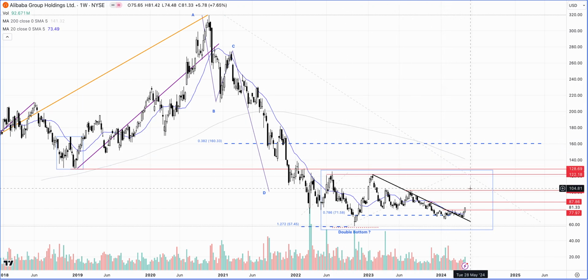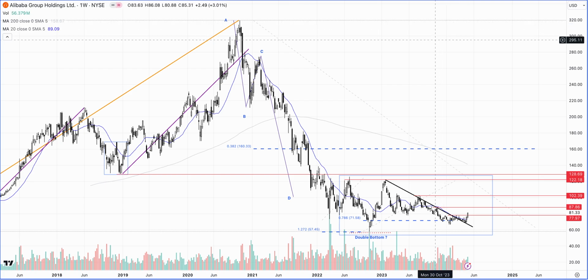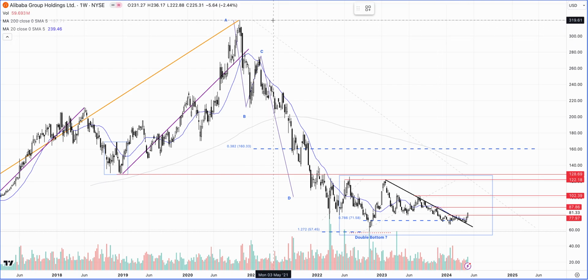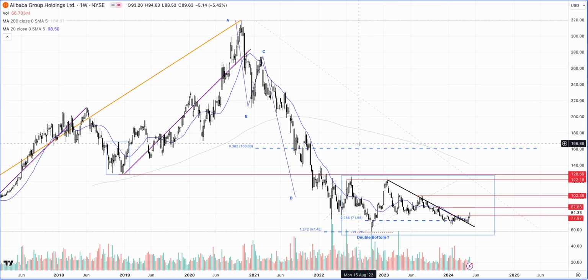And during that time, perhaps the momentum will also improve a lot, with the 20-week moving average closing above the 200-week moving average, and that could potentially set up this stock going and touching its all-time highs as one possibility.